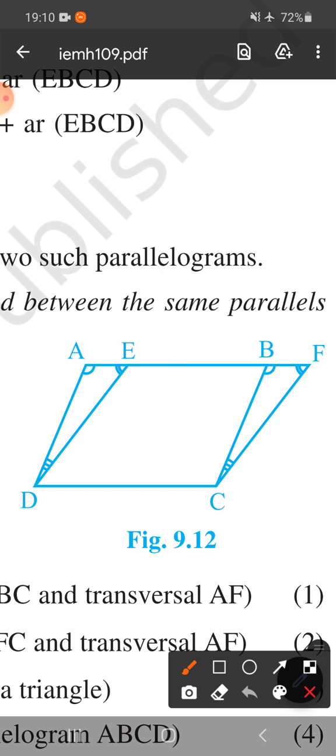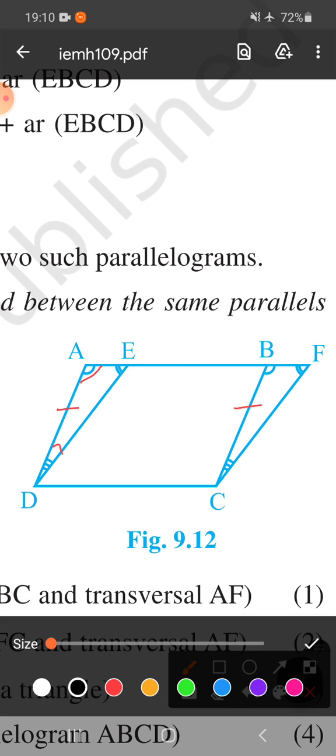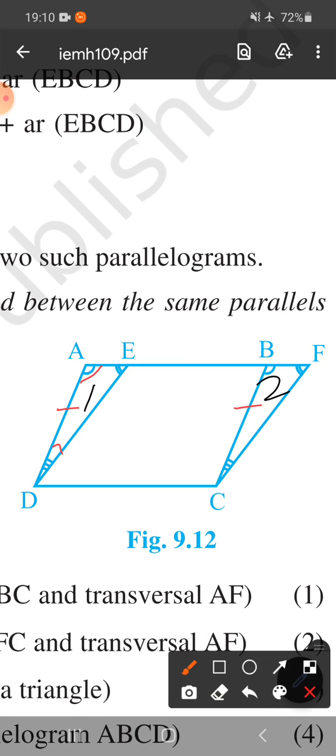Now next, if ABCD is a parallelogram, then AD equals BC, and these two triangles, triangle 1 and triangle 2, are congruent.